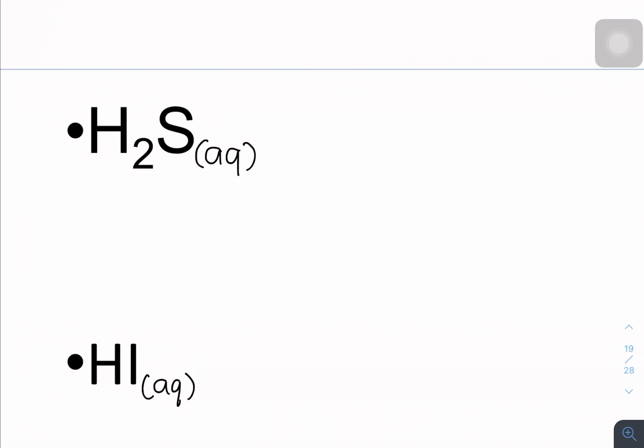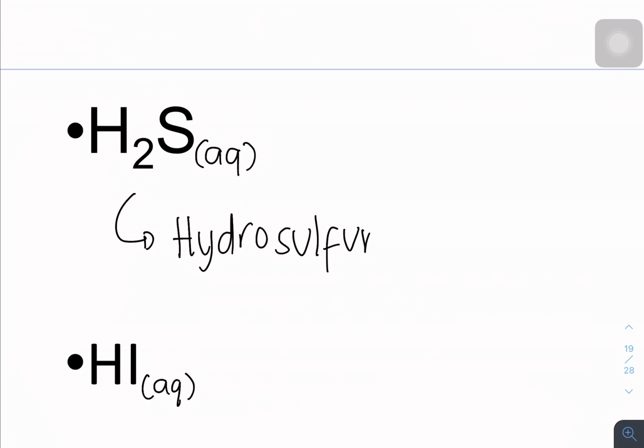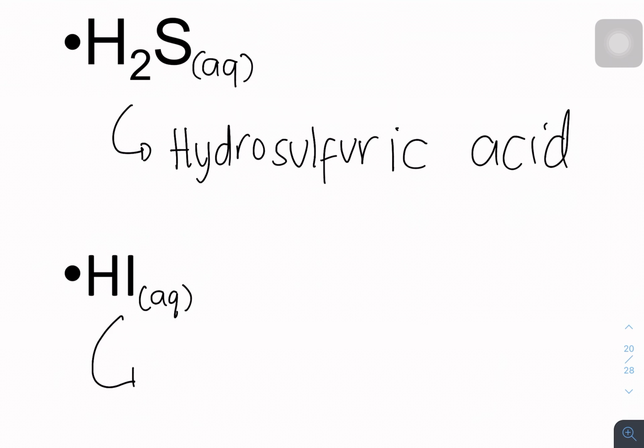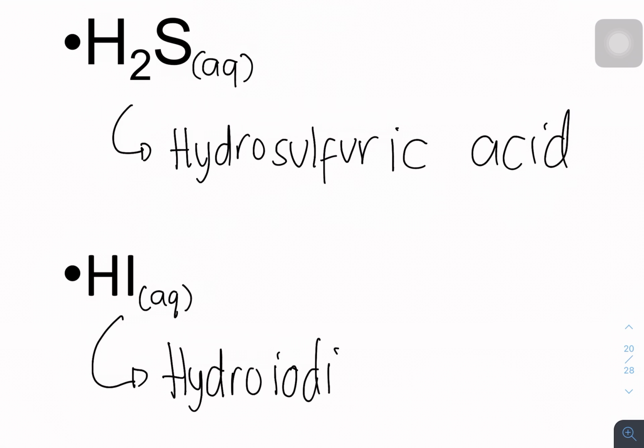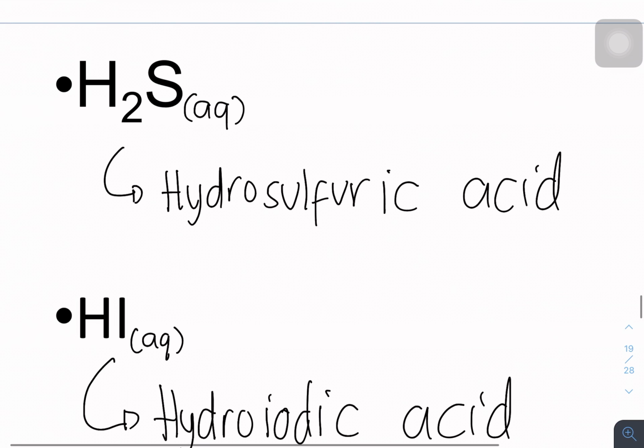But since we place AQ here, this will be named with the prefix hydro, followed by the root name of the second element. For sulfur, the root name is sulfur, followed by IC: hydrosulfuric acid. For HI, this will be hydro, iodine will be iod, followed by IC: hydroiodic acid. So that's all.